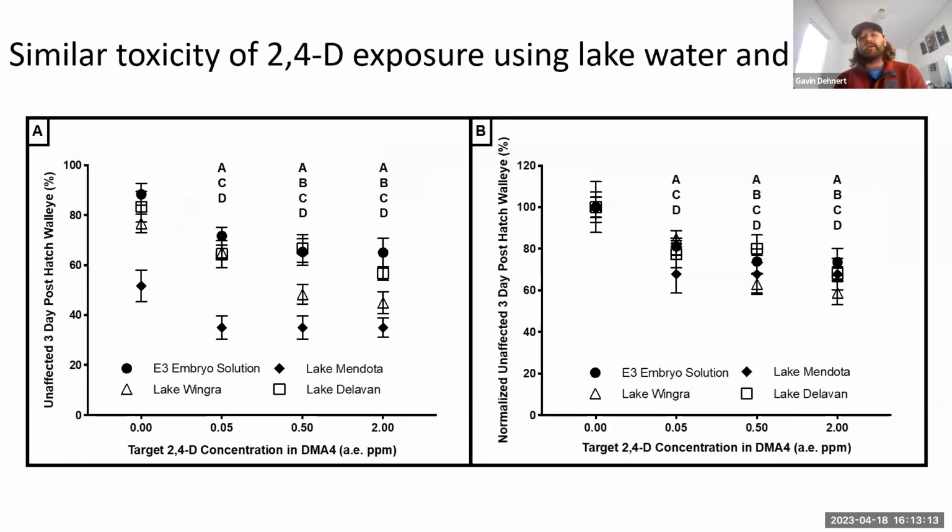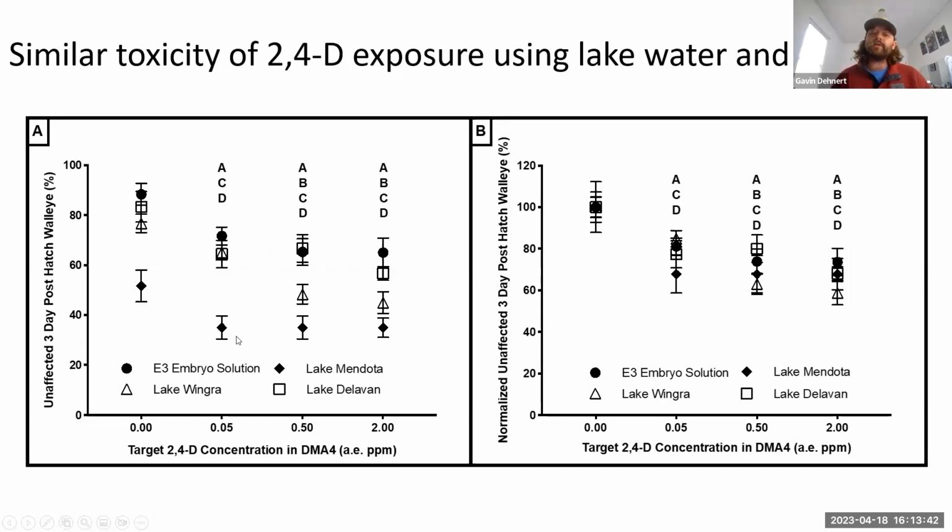And this is a busy graph, so I'll just point out the 2 biggest things. When we're looking at graph A, we notice that once we increase the concentration of 2,4-D, moving from left to right, we see a decrease in survivorship for all of the concentrations that we tested, including at every individual lake.